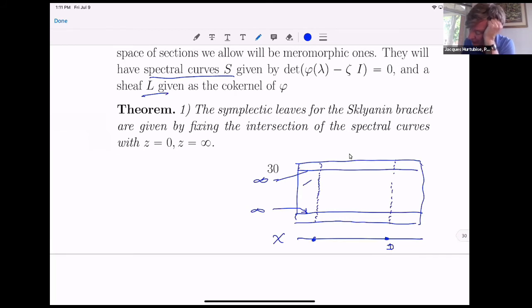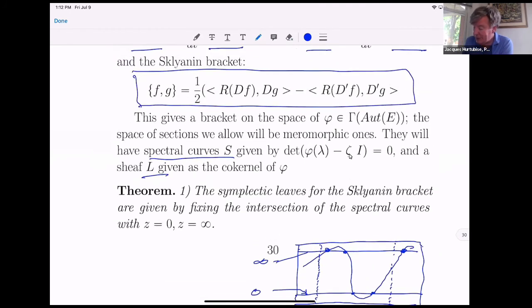And instead, it's the intersection of a spectral curve with either 0 or infinity. In other words, where your meromorphic automorphism either develops a pole or ceases to be an automorphism and is just an endomorphism. So I'm sorry, that should be 0 here. Right, so it's a slightly different system, but again, this one is well known.